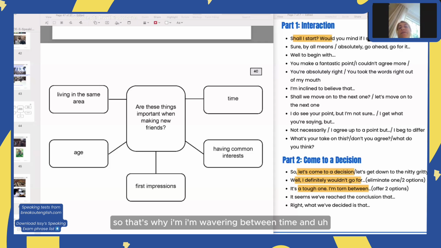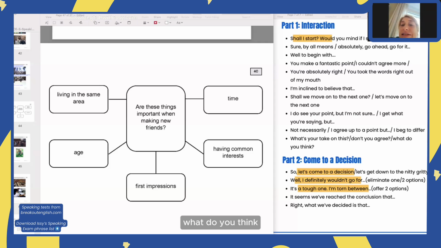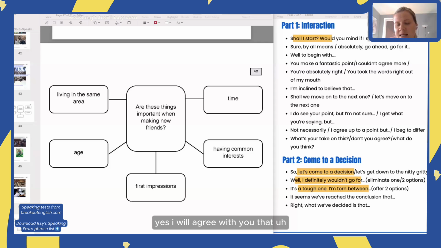So that's why I'm wavering between time and having the same interest. What do you think? Yes, I agree with you that first impression is not important, but having common interests definitely is.